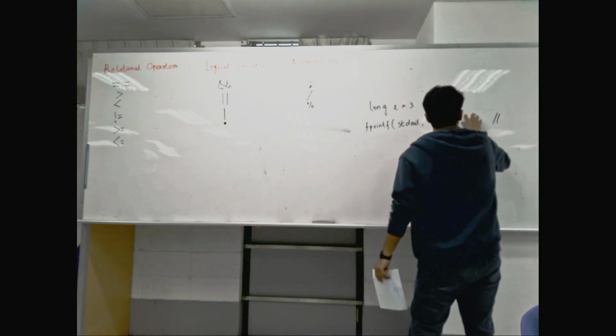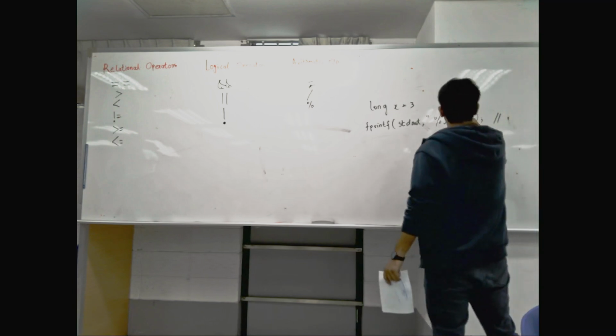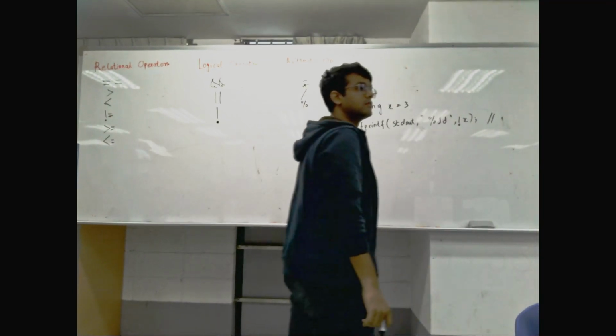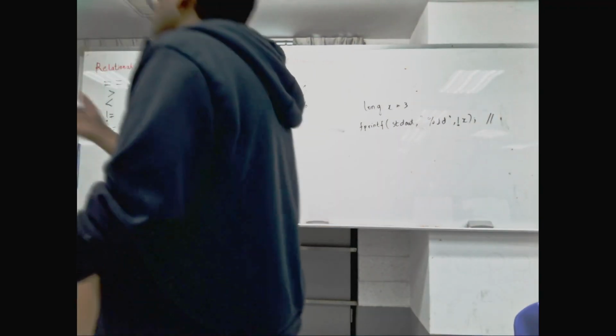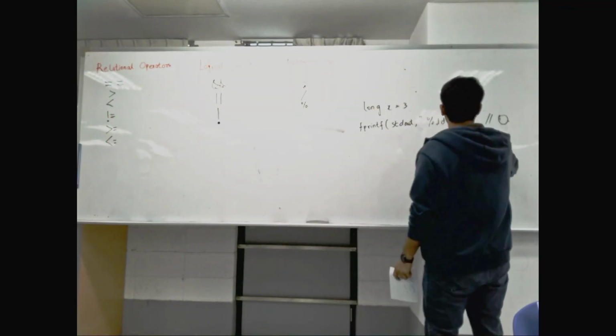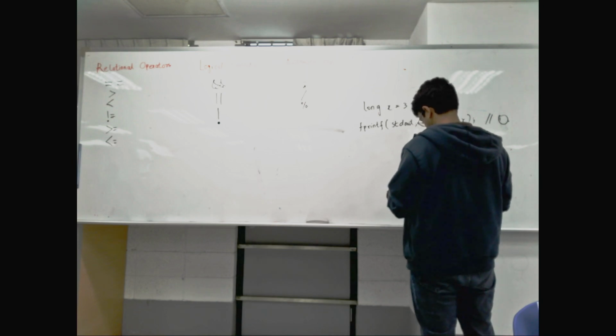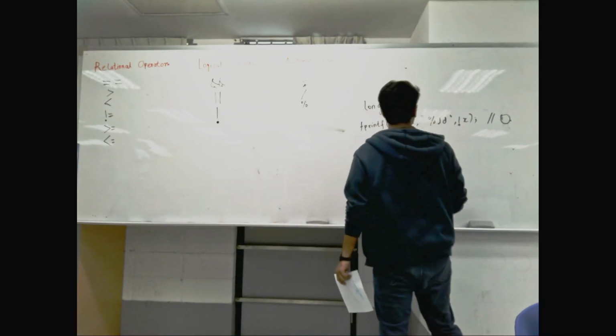So if printing x was 3, what would it be if you print not of x? 0. Good. Awesome, Luca. Yes, 0, right? And what if x was 1?